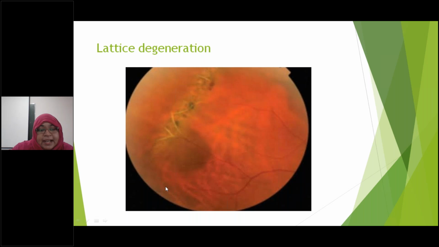So this is what lattice degeneration looks like: a white lattice-like, crisscross pattern with abnormal pigmentation. Whatever you see here is the pigmentation, and it is usually seen in the periphery, because here the vessels are ending. Vessels are more in the posterior pole, and they decrease as they come to the periphery. As the vessels are fewer here, this is the lesion seen in the periphery.